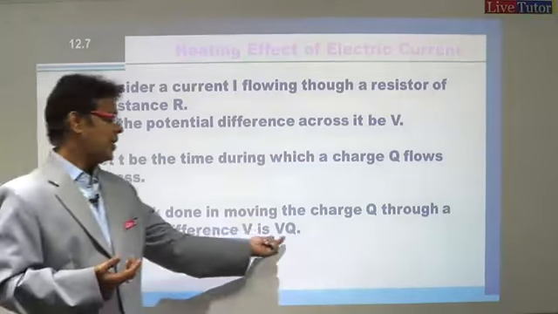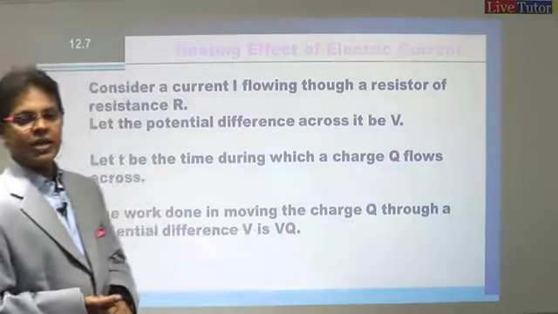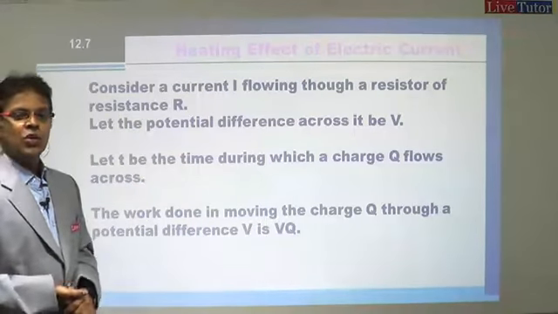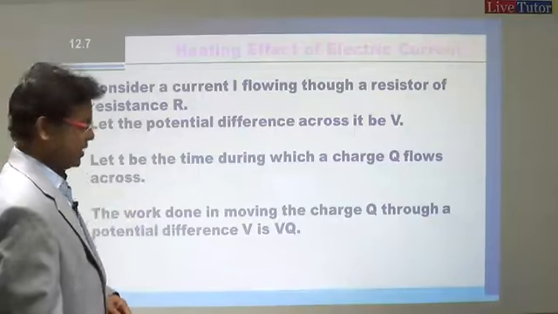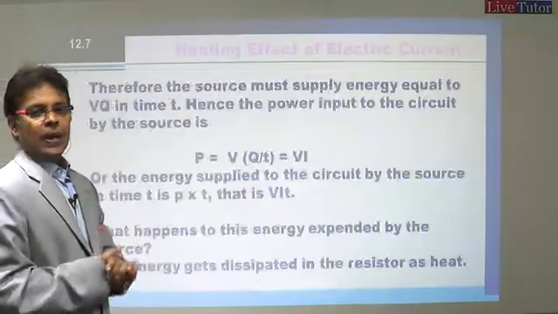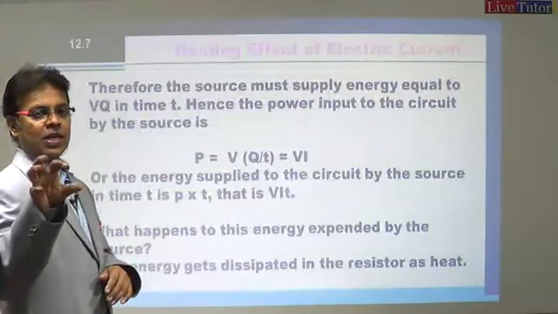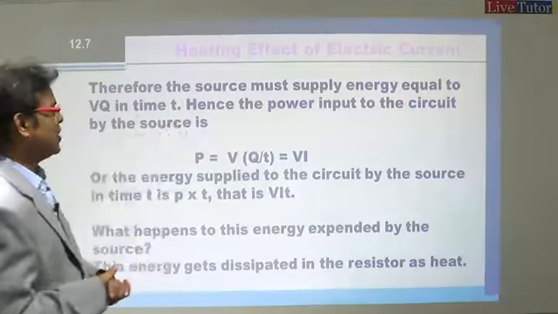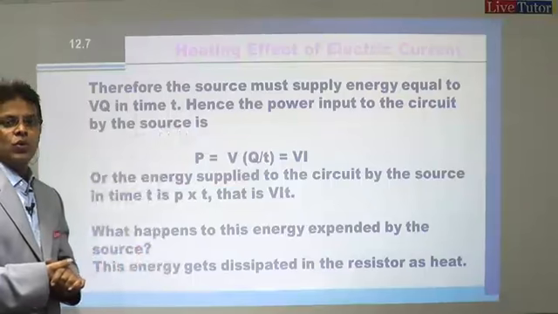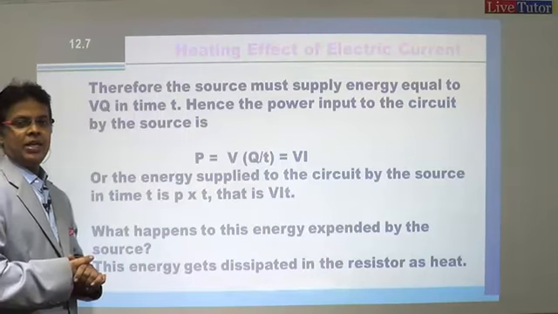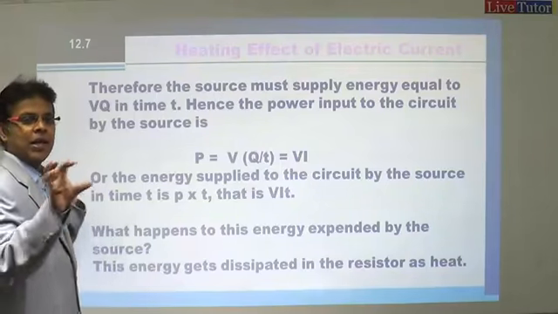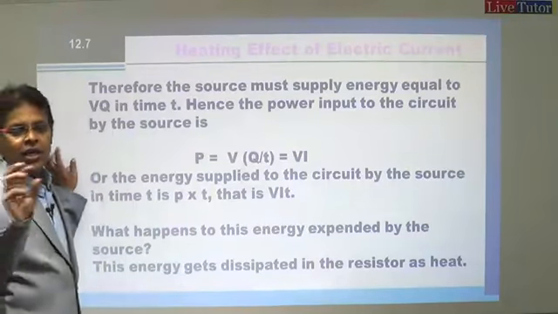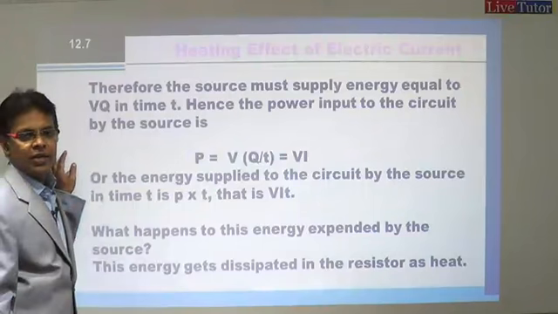It is nothing but V into Q, potential difference into Q. So that is the electric work done. Now, the source must supply this amount of energy equal to VQ in time t, right?